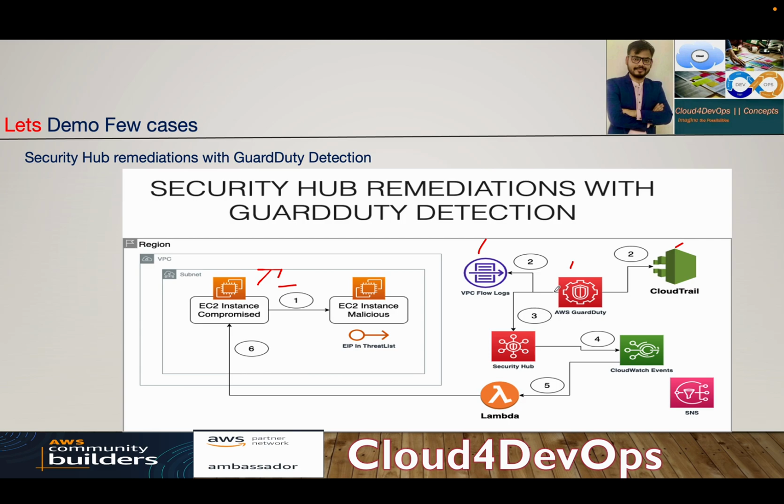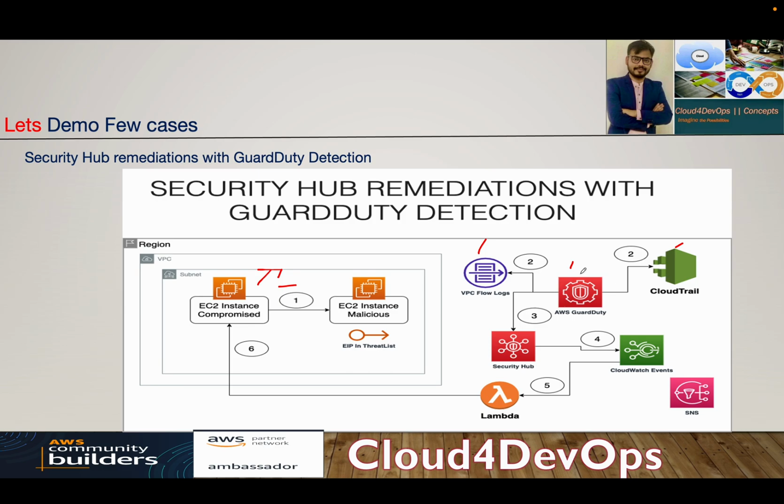I showed you this in my previous lecture when we enabled GuardDuty with the generation of sample findings. It will show you whether a brute force attack or port scanning is happening, or a communication is outbound to a malicious instance. All those kinds of scenarios will come into the findings section of your GuardDuty.